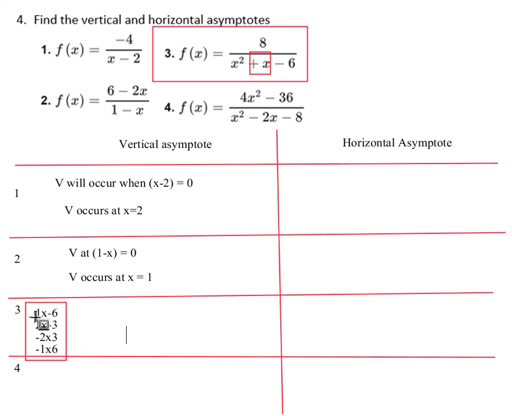So if we add some of these numbers together, 1 plus -6 equals -5. No. 2 plus -3 equals -1. No. If that plus was a minus, that would be fine. -2 plus 3 equals 1. We found it.